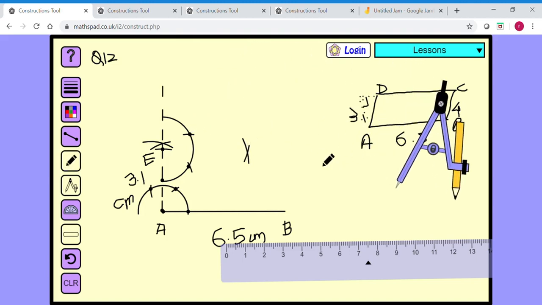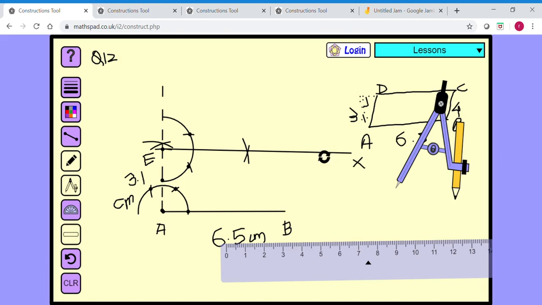So now I will take a scale and join E with this point, and somewhere on this line lies point C and point D. Perfect. So let's give this point the name X.